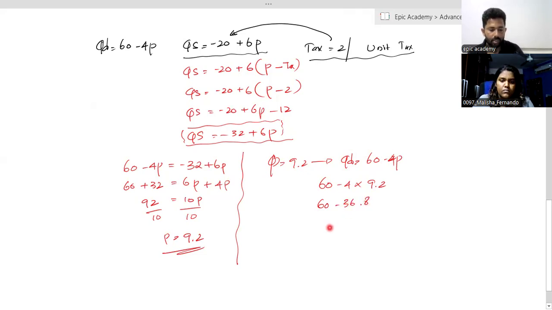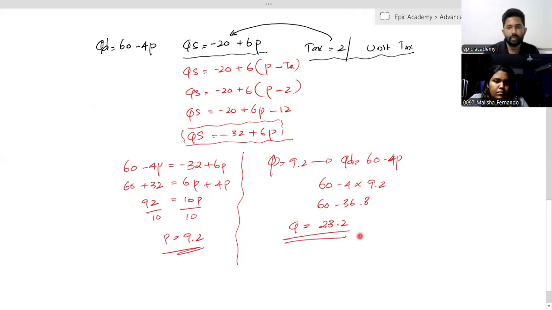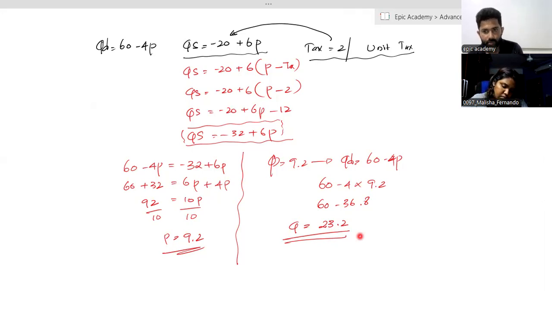Then 60 minus 36.8 is 23.2. This is the equilibrium quantity. What happened to the equilibrium quantity? It reduced because of the tax. Okay, right. Part A is done.